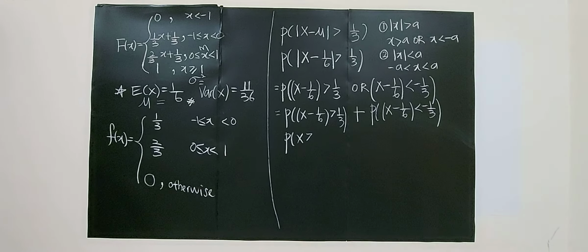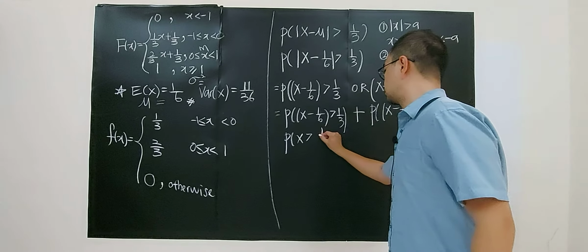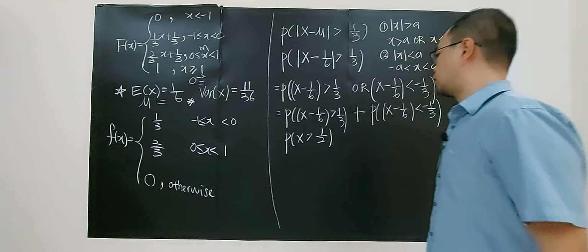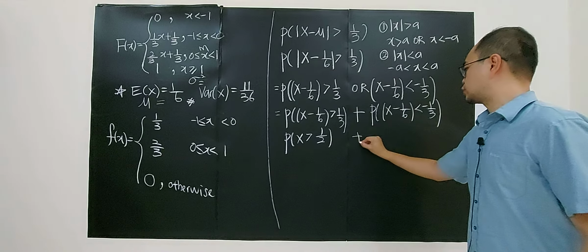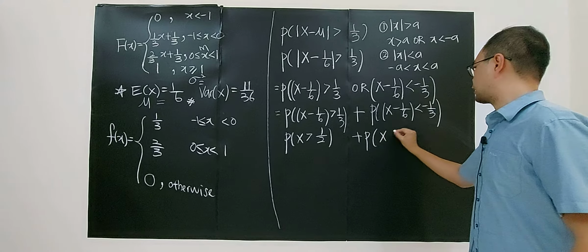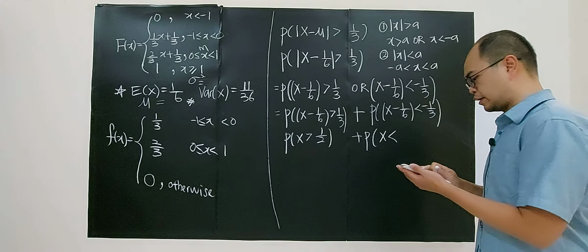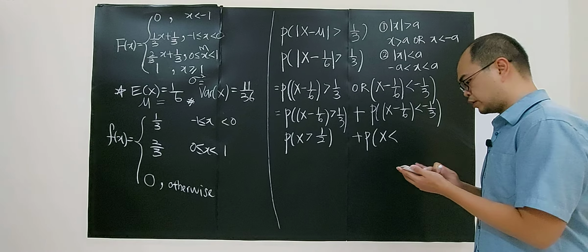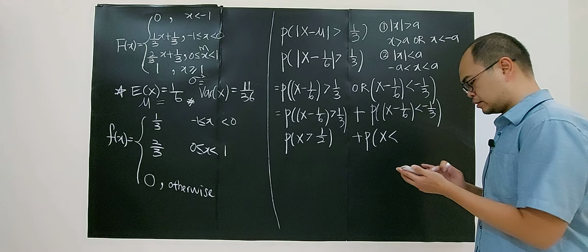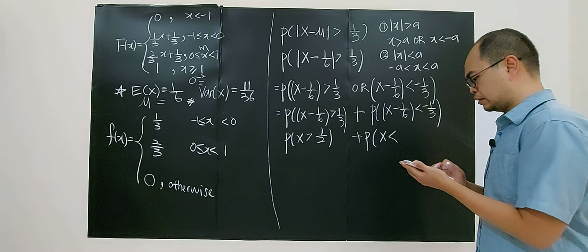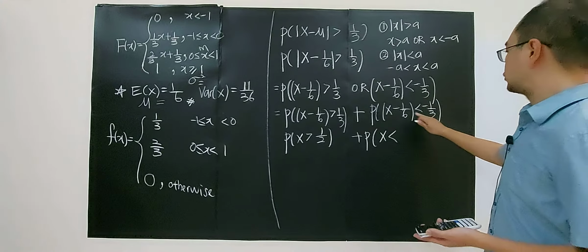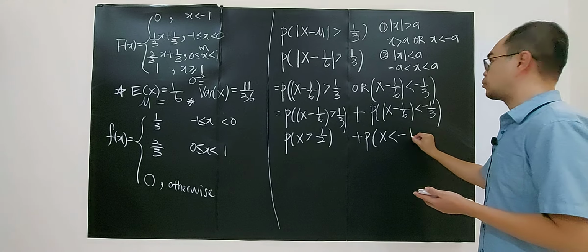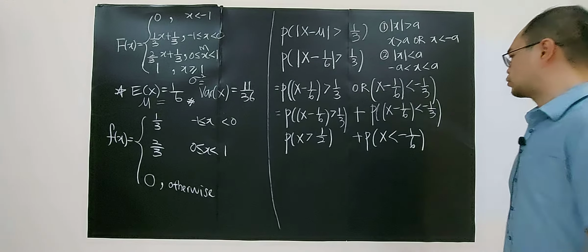So we have greater than 1 over 2. Whereas for this, probability of x less than negative 1 over 3 plus 1 over 6. So you have negative 1 over 3 plus 1 over 6, you have negative 1 over 6.